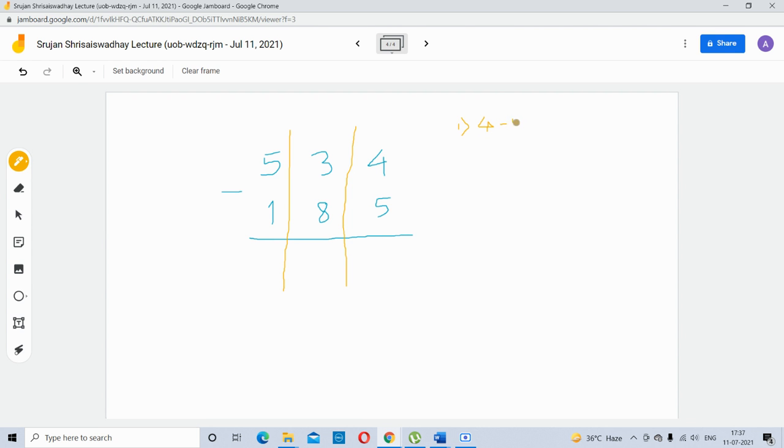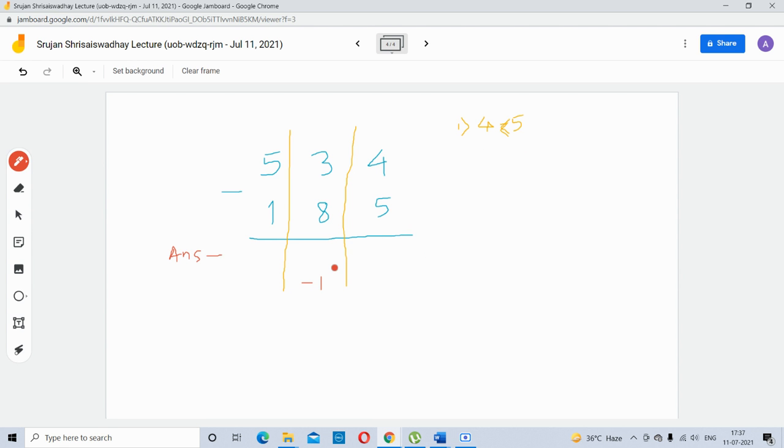This 4 is less than 5. So I'm going to write an answer over here. I'm going to do a subtraction. So I'm going to put a minus 1 below.